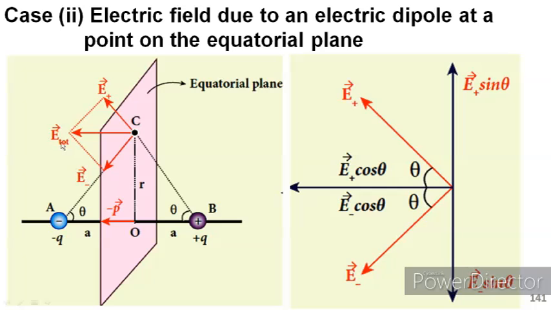Now you can see the enlarged portion of this part. Here E plus can be resolved into the parallel component E plus cos theta and the perpendicular component E plus sin theta.